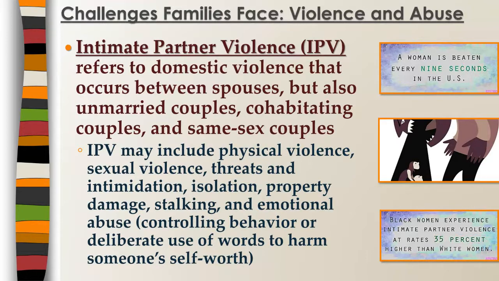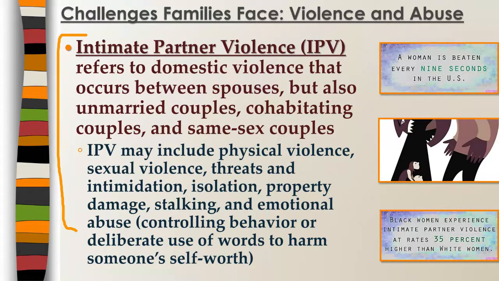So first, we're going to look at intimate partner violence. You may have heard the term domestic violence. This is just a little bit of a broader term to kind of encompass more relationships that might face abuse.